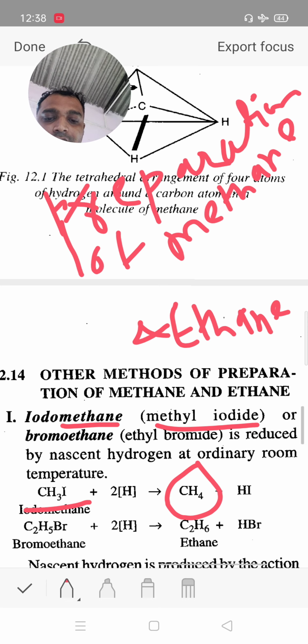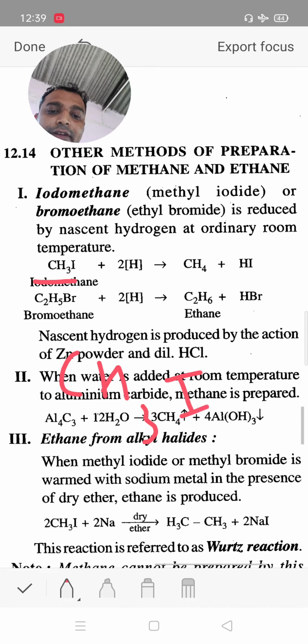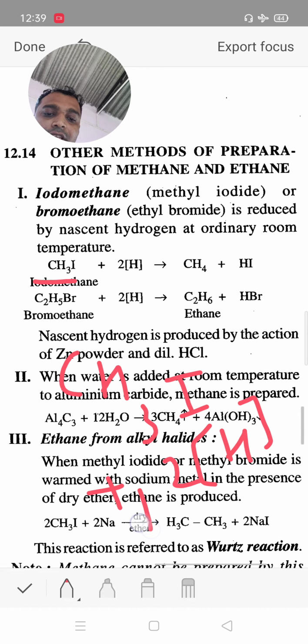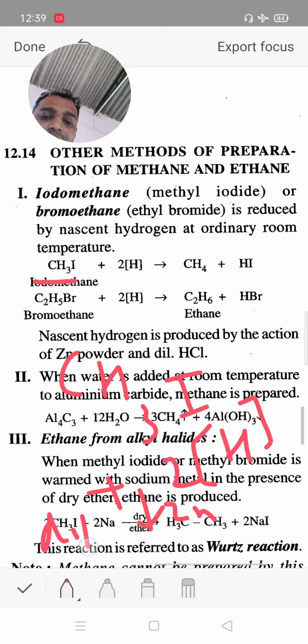Now this reaction: methyl iodide reacts with nascent hydrogen in the presence of zinc dust or zinc powder with dilute HCl.